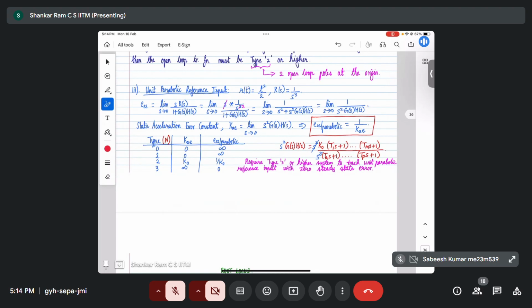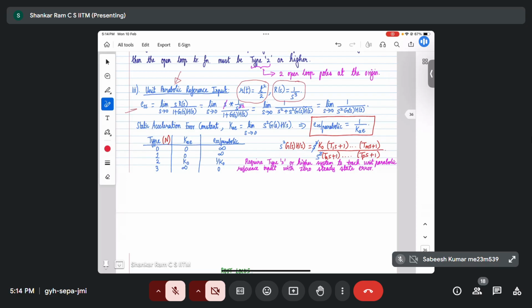As we told, sometimes we may want a parabolic profile also. So suppose you wanted one, what happens if you and I want to track a unit parabolic reference input? R of t becomes t squared by 2. R of s then becomes 1 by s cubed, that's the Laplace of t squared by 2. We repeat the same process.